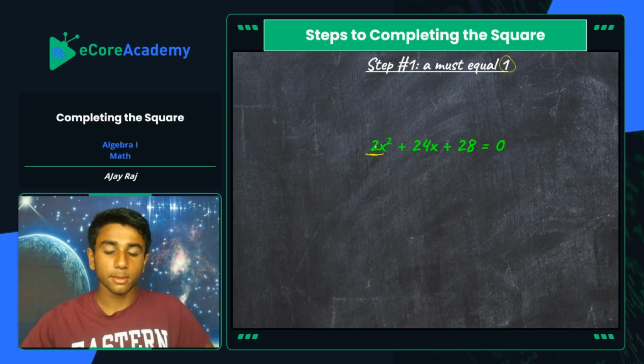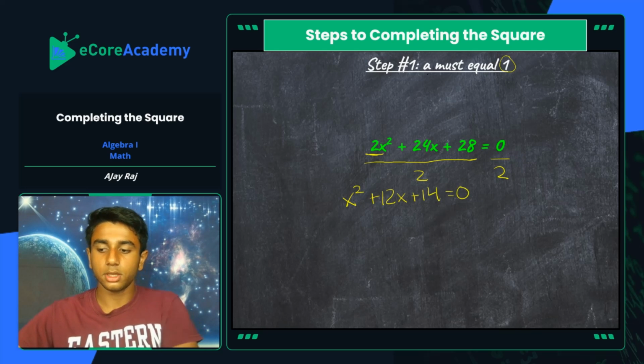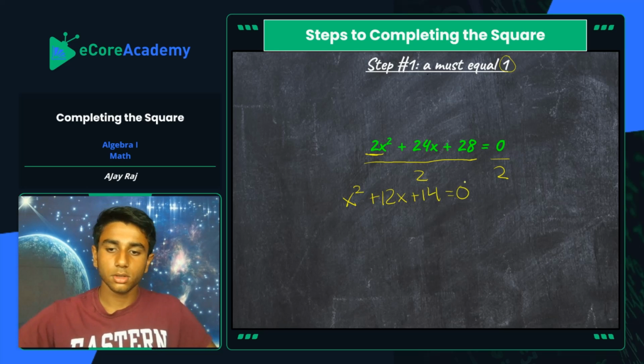Since 2 divided by 2 equals 1, we're going to divide both sides of the equation by 2, so that we get an a value of 1. When we do that, we get x squared plus 12x plus 14 equals 0, because 0 divided by 2 is 0.